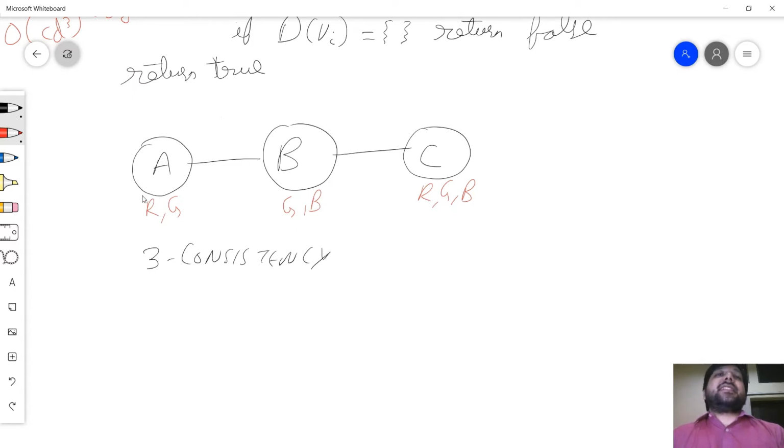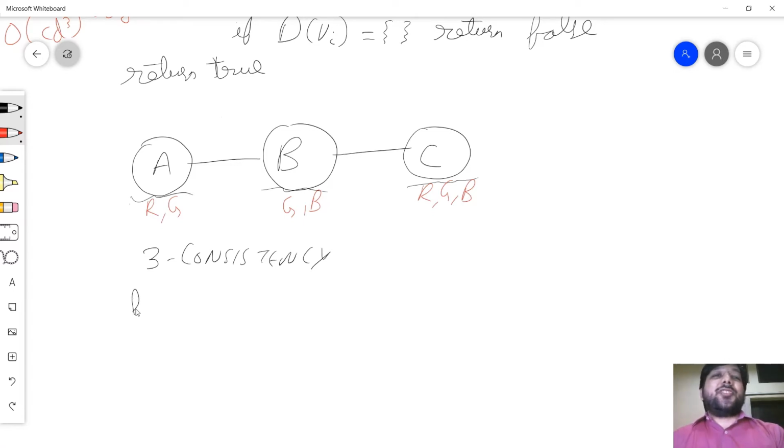Now, three consistency checks consistency between three vertices at a time. So node consistency checks one at a time. Arc consistency, two consistency, checks two at a time. So three consistency will check three vertices at a time.